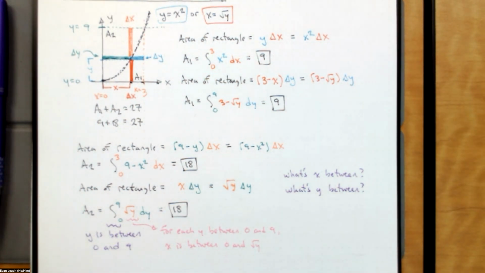For each of the y between 0 and 9, we're saying x is between 0 and the square root of y, 0 and the function. It looks like we just wrote square root of y. That's because we don't write square root of y minus 0, the thing at the end minus the thing at the beginning.